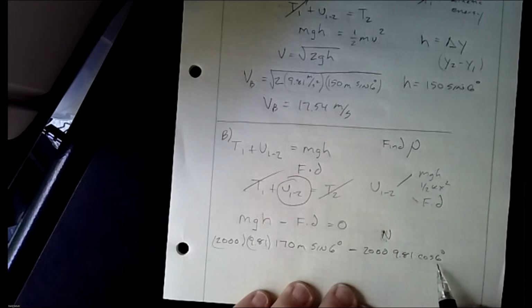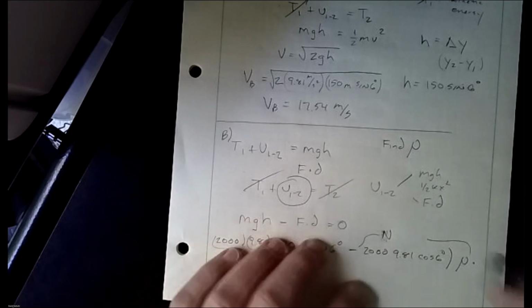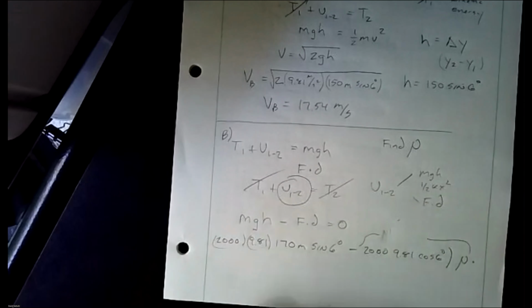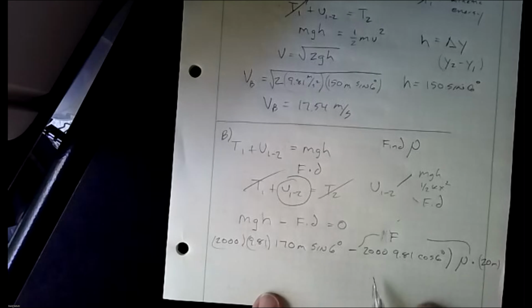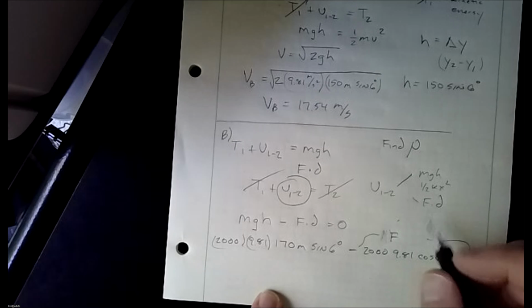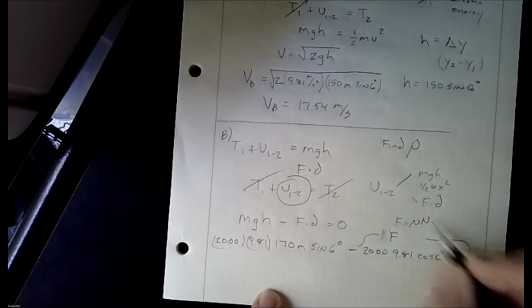So it's just mg cosine 6 gives us the normal force. And then the normal force times mu. And then the distance, right? So here's this is force. And then times 20 meters. So force times distance. And for F just equals mu times normal force.